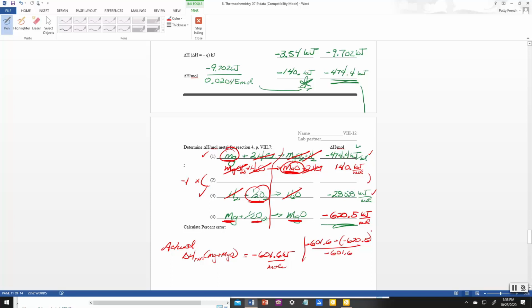Remember to take the absolute value of this times 100%. And the percent error for this was 3.14%. Okay, good job. We made it through that. That's some of the toughest calculations we have this semester, but it's good practice for you for the upcoming exam.